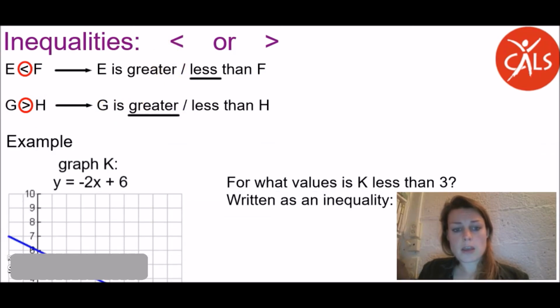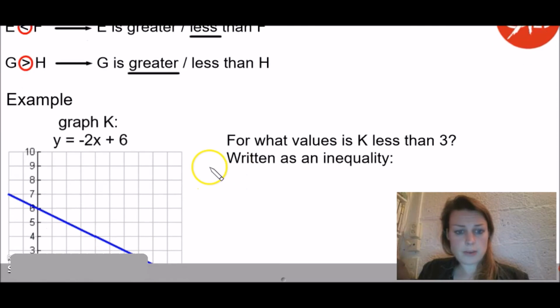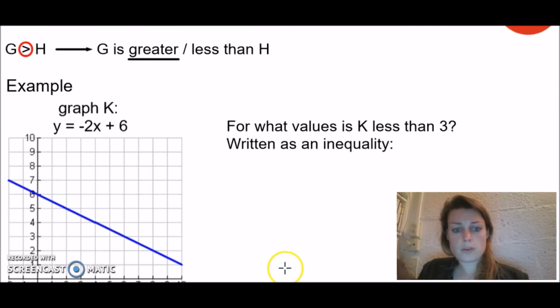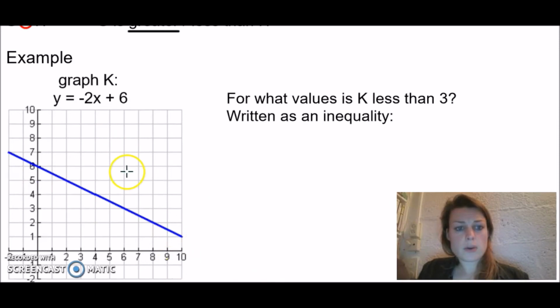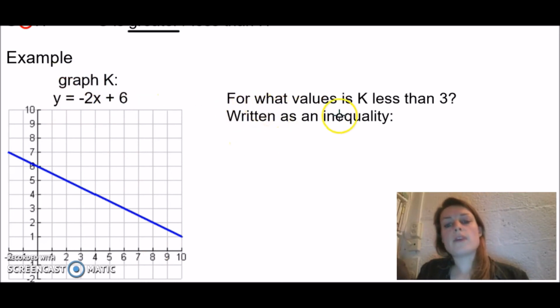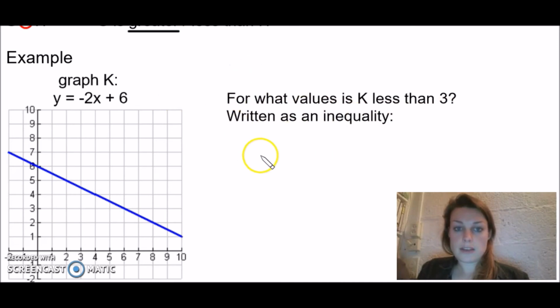And here I have an example. Let's scroll down a little bit so we can see the whole graph like this. Alright, so here we have graph K, which is y is minus 2x plus 6. And the question is, for what values is K less than 3? Written as an inequality, let's see.